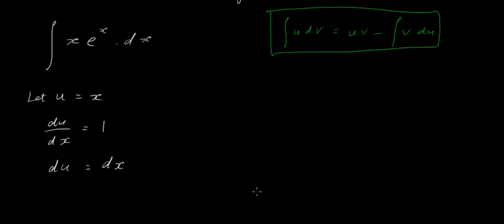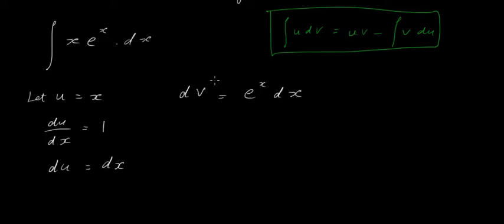Okay, what about dv? Let dv equal, remember we let u equal the x, so we're going to let dv equal the remaining part, that's e to the power of x dx. dv is equal to e to the power of x dx.